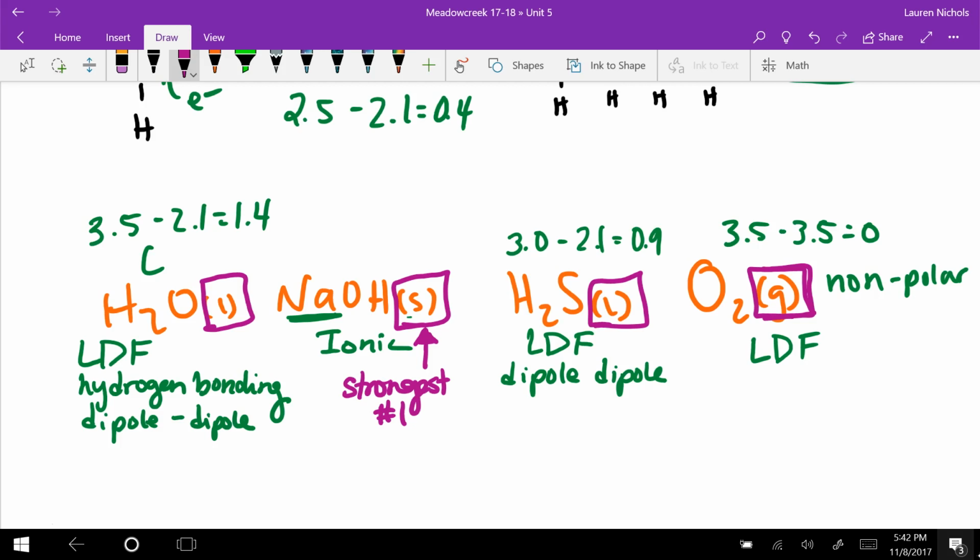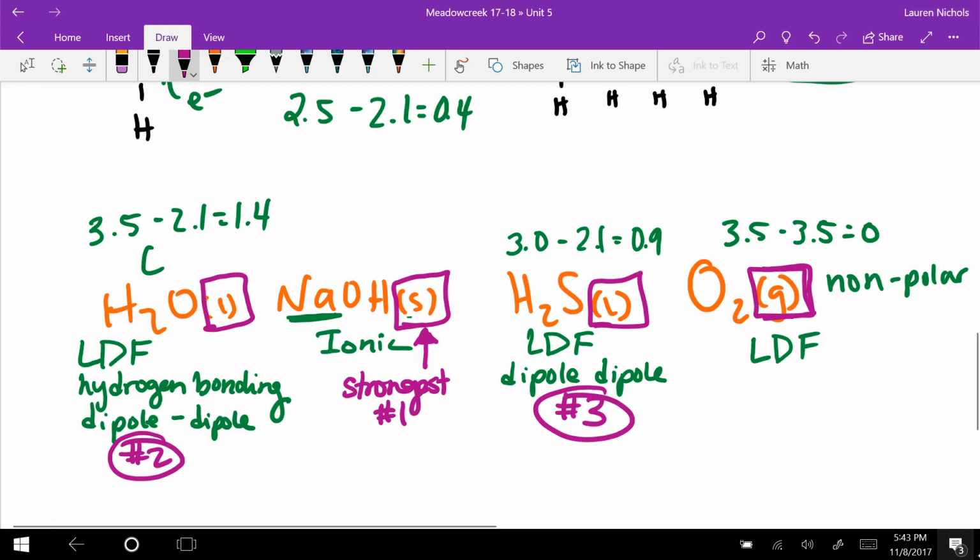And if we're looking at water and hydrogen sulfide, the only difference is that water has hydrogen bonding, and so that's going to make it number 2 because hydrogen bonding is extremely strong. And then H2S will be number 3.